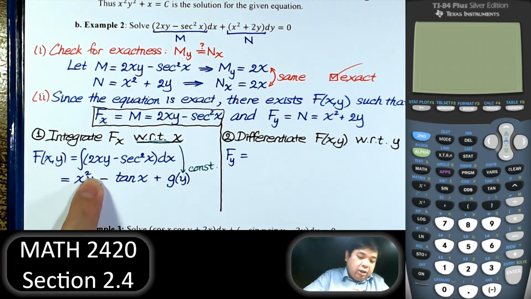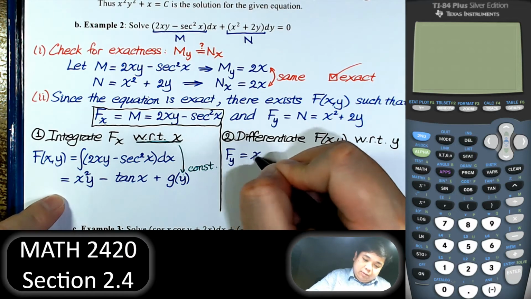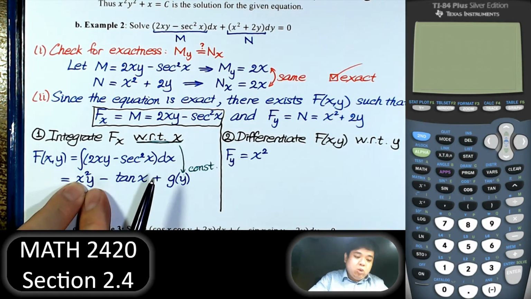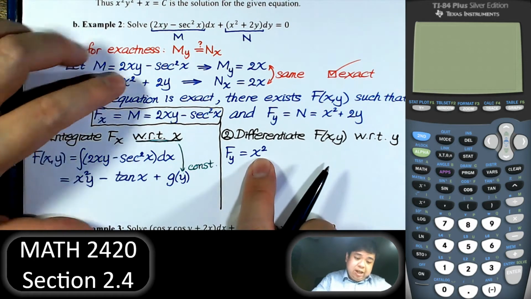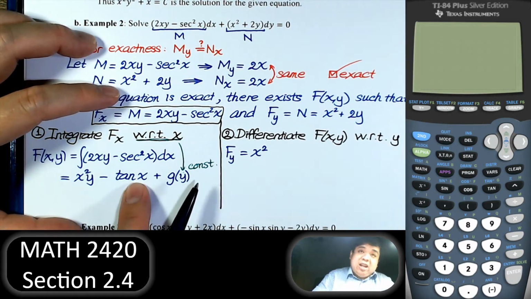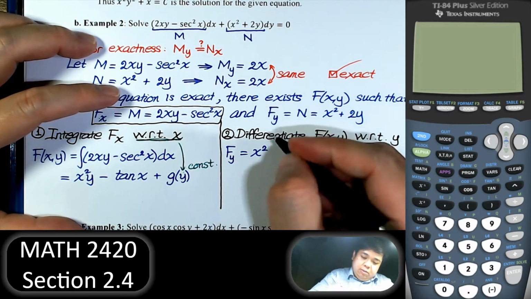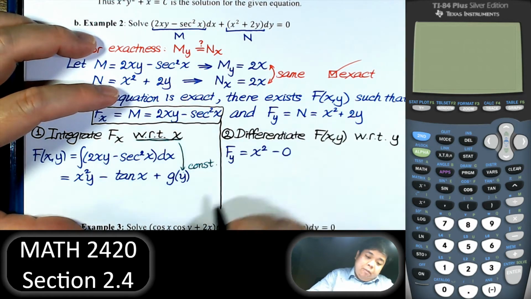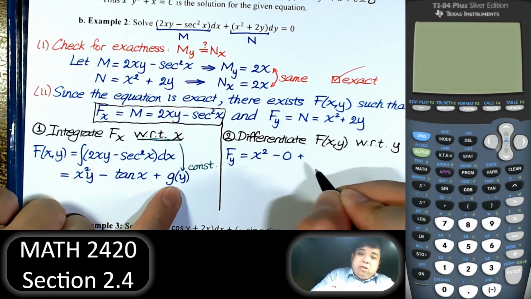With respect to y, x squared is a constant. So we have x squared. With respect to y, derivative of y is 1. So x squared times 1, x squared. With respect to y, tangent is a constant. I'm just going to minus 0. Plus g, derivative of this with respect to y.